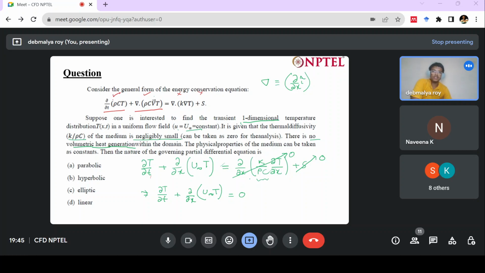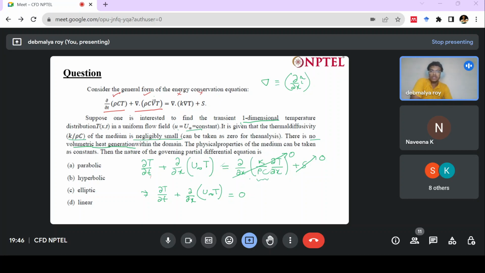This is basically the term which says that at a particular space in the domain, the temperature of the material is changed. That is what this term signifies. So only the convective and this transient term are there. That means the heat is traveling at a velocity, and that is what is transmitting this kind of behavior.